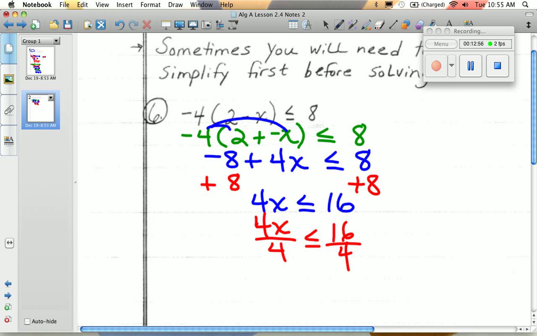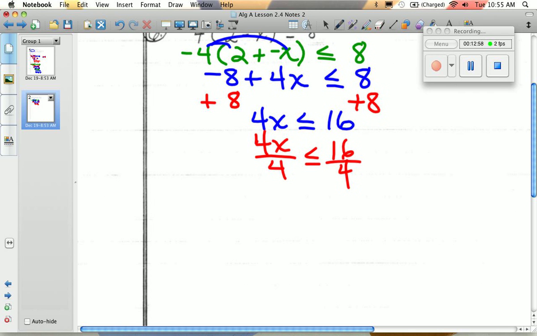We're undoing that. Okay, so what is our solution? x is less than or... oh wait a minute, you can't have less than and greater. Can't work that way. Less than or equal to. Okay, x is less than or equal to 4.